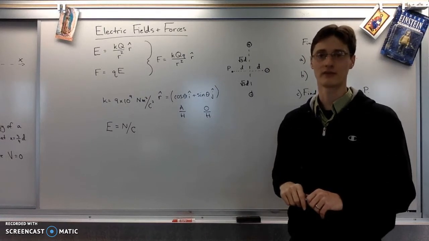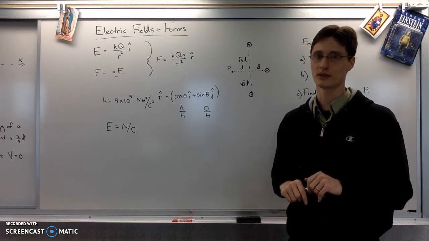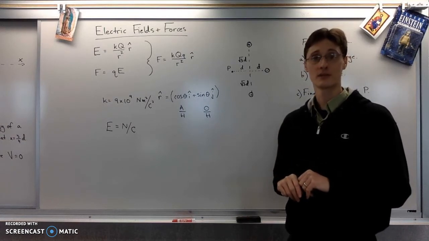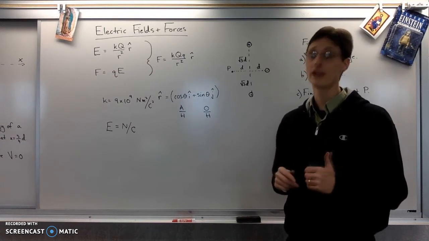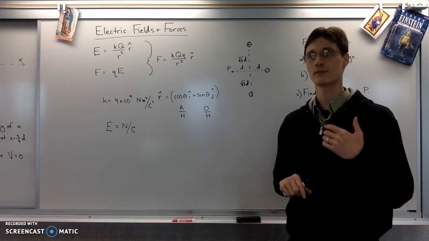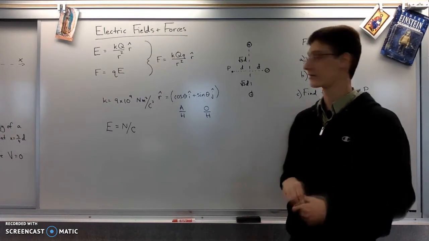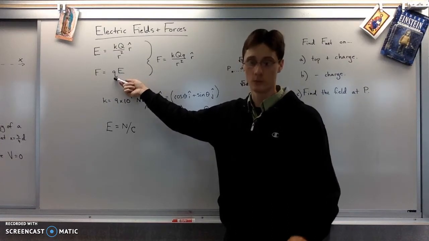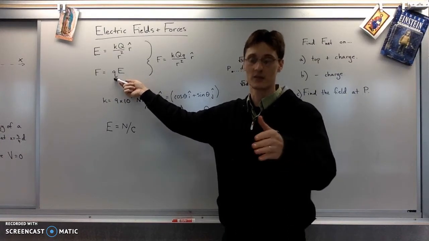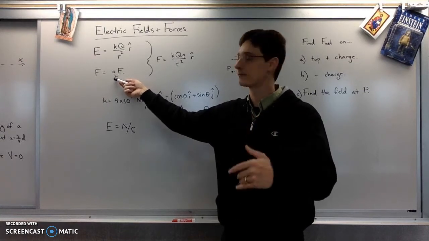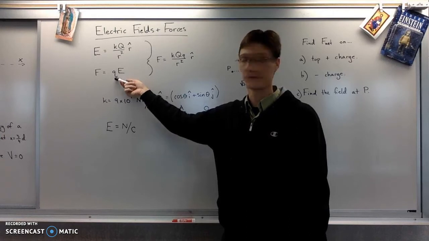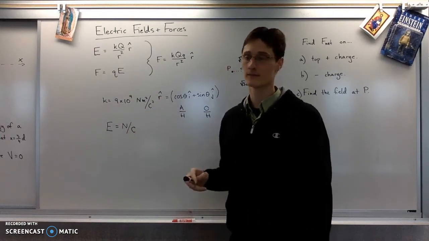You don't ever find a 1 coulomb charge in one place, usually. But if we put something more reasonable there, like a microcoulomb, it would experience 5 newtons of force, because 5 million times 1 micro, which is 1 times 10 to the negative 6th, is going to give you just 5.